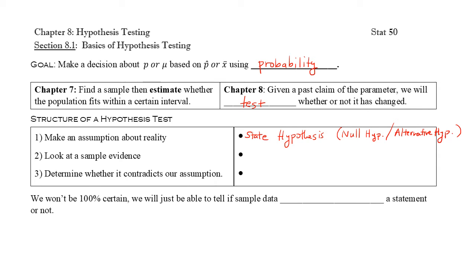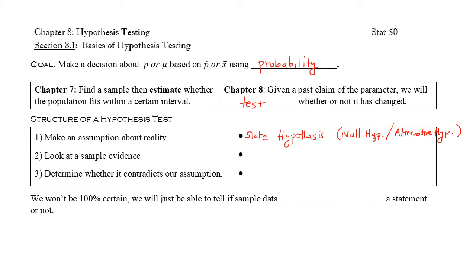Once we've stated our hypothesis, that'll be essentially the assumption that we're making about our parameter. Then we're going to collect some data from a sample. So we'll sample our population, and we'll compute some statistics that go along with that sample.